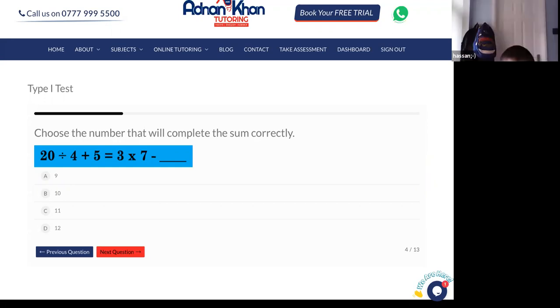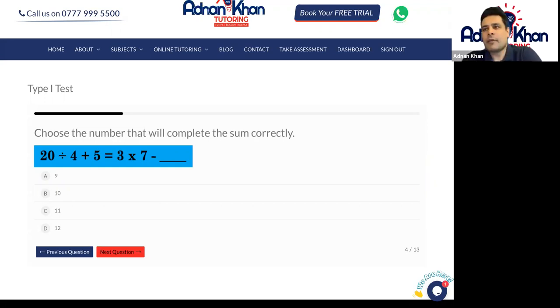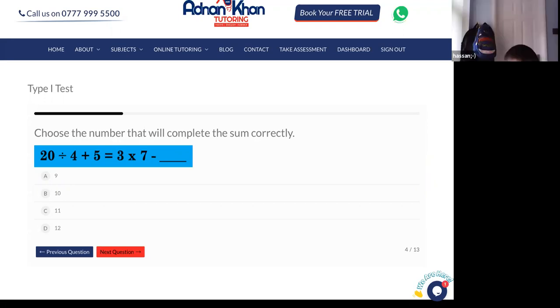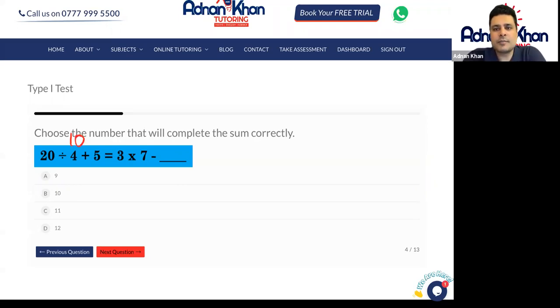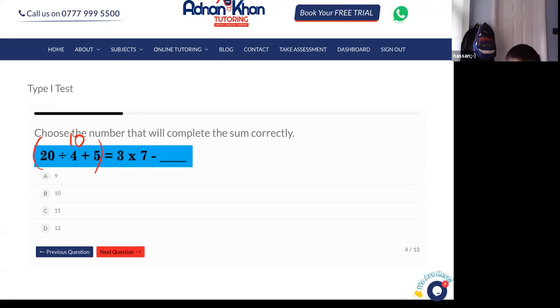Okay. So what's 20 divided by 4? 5. 5, okay. And what's 5 add 5? 10. Good. So let's put down 10 on this side. So this means that this part of the equation on the left-hand side of the equal sign is 10. Well done. So what's 3 multiplied by 7 on the right-hand side? 21. Okay.